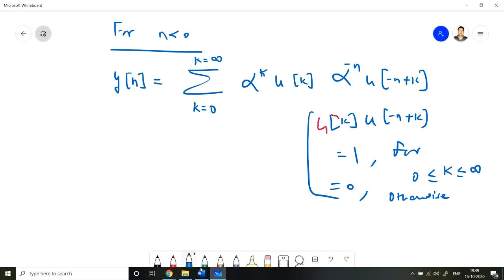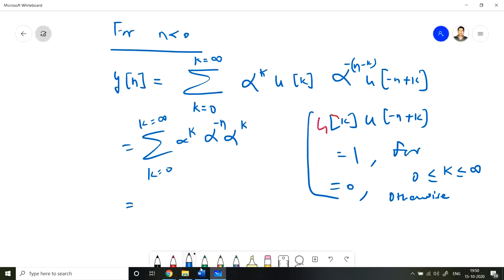So both these terms, the product is equal to 1. So it is written as the summation k equals 0 to infinity of alpha raised to the power k, and here we have missed one term, alpha raised to the power minus n minus k. So we have alpha raised to the power k, alpha raised to the power minus n, alpha raised to the power k again.